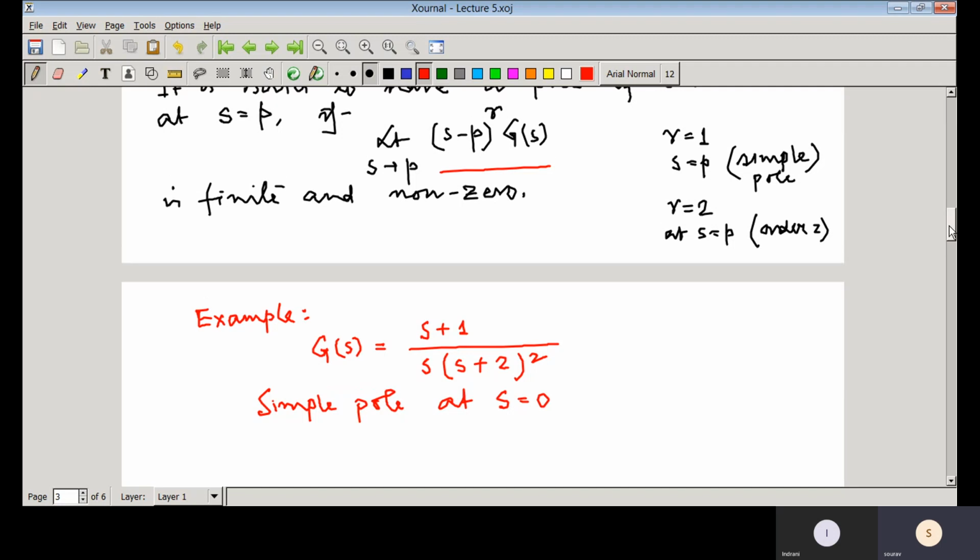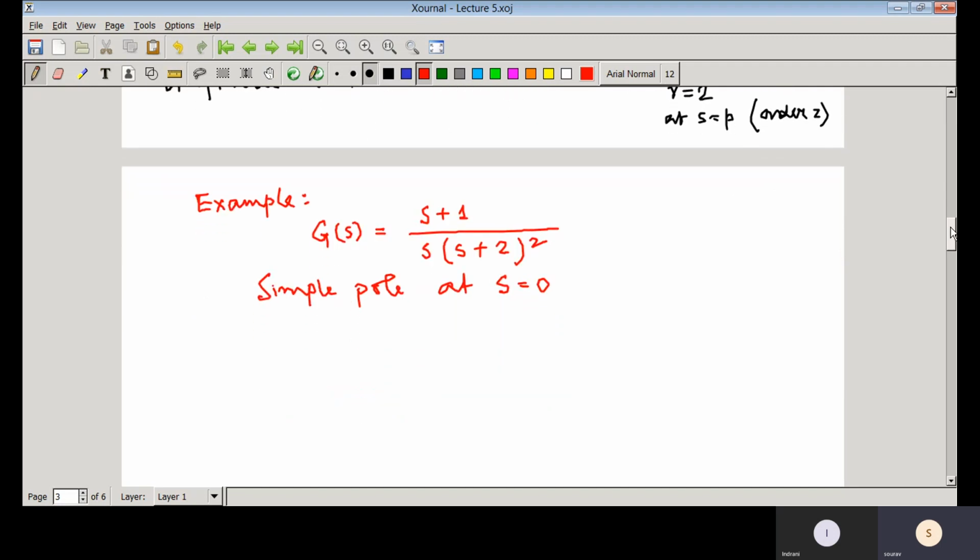Whenever you have a function like that, just by looking at the denominator, you can see the value of s for which G(s) becomes infinite. That means it would be undefined. So those are the poles. Whenever you put s equal to 0 here, G(s) would be infinite.